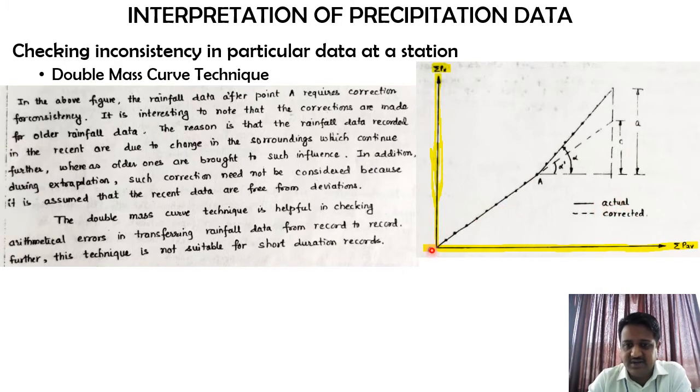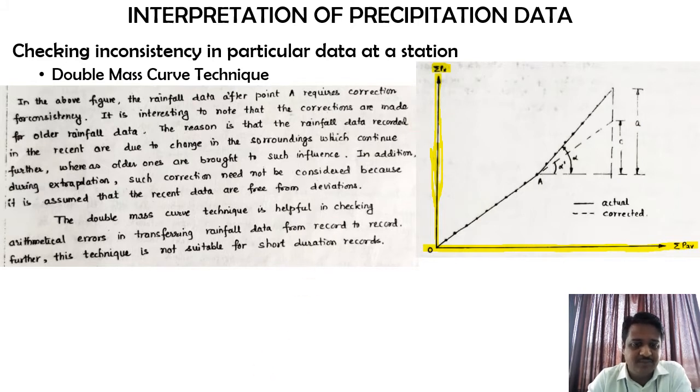Similarly for the y-axis, since it is a summation of Px, these values will always go in the upward direction and never come down. Keeping this in mind, let us get an idea of how the problems are going to be and how we can solve those.